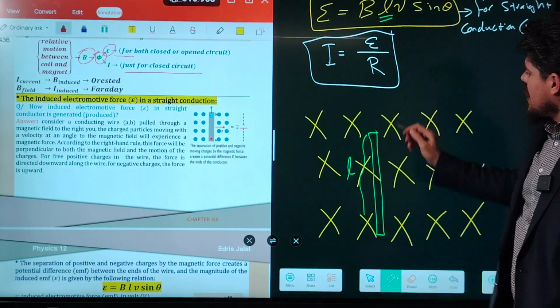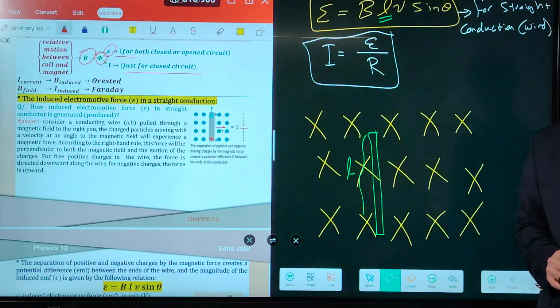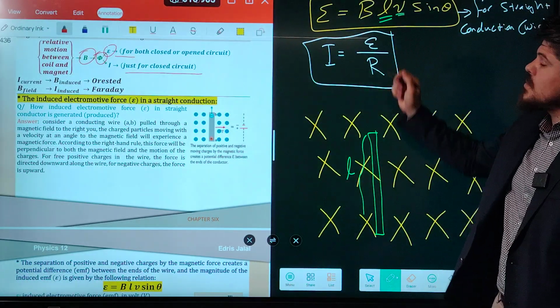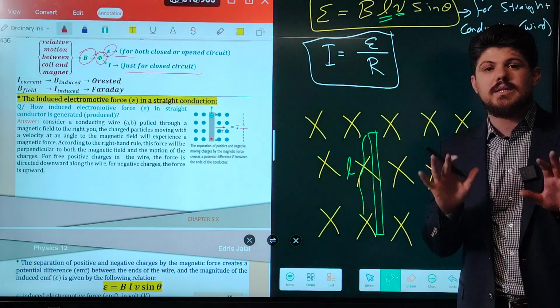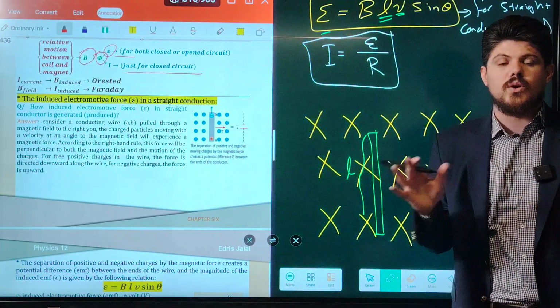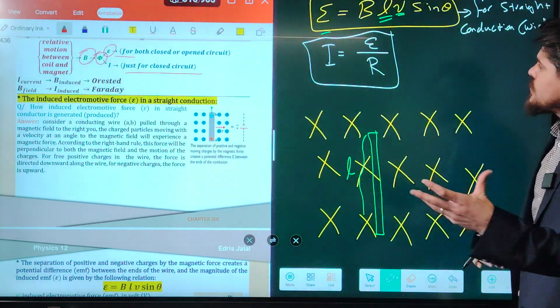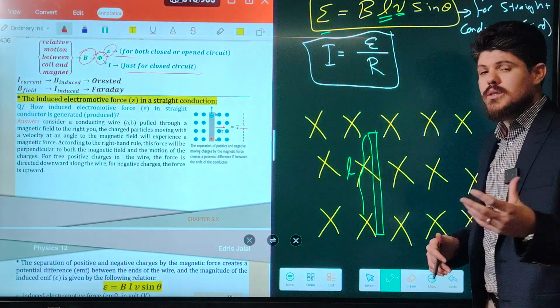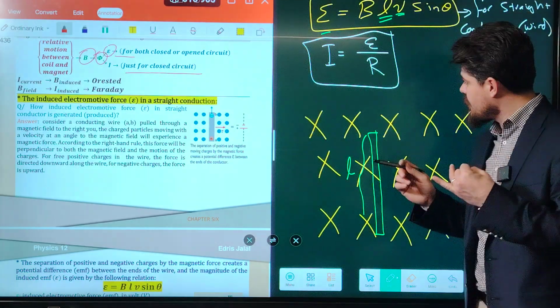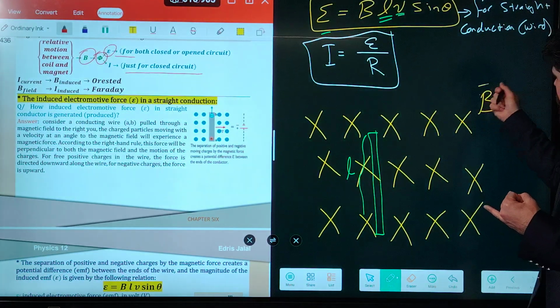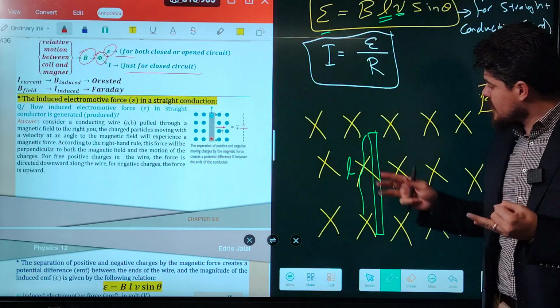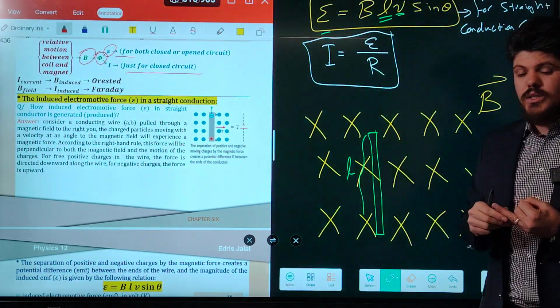When the wire is moving into the magnetic field, the wire must be moved. Without movement, if the wire is at rest, there will be no electromotive force. Why? Because electromotive force in a straight conductor depends on what? The magnetic field, and the length of the conductor.